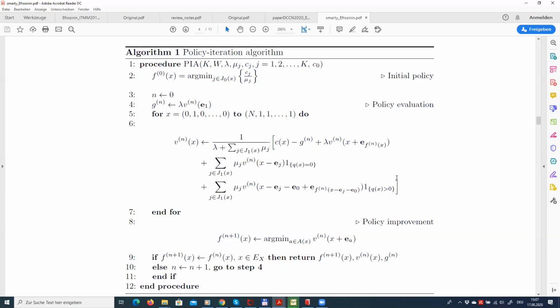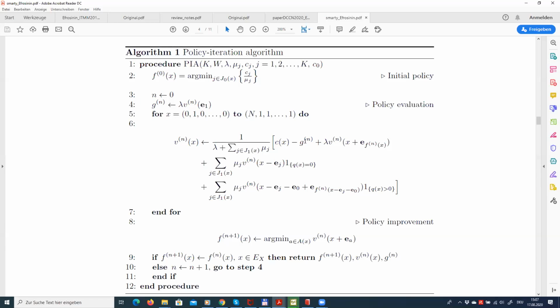We need to select some initial policy, and we solve a system of linear equations for the so-called relative value function. And as a result, we obtain a solution for this given initial policy. Additionally, we obtain the value of our cost function.